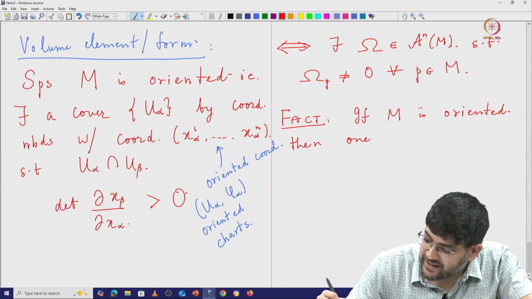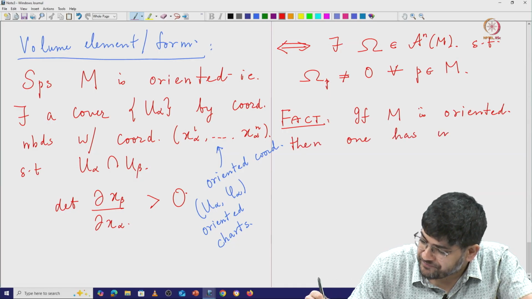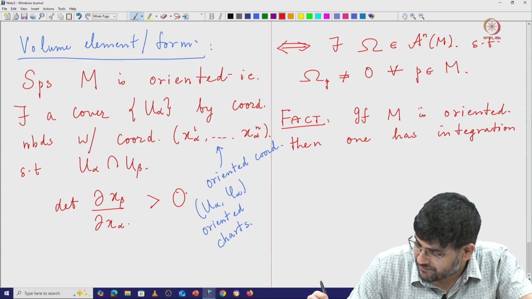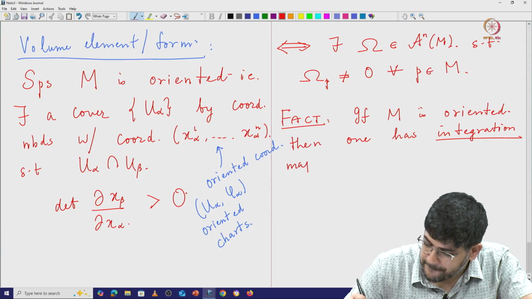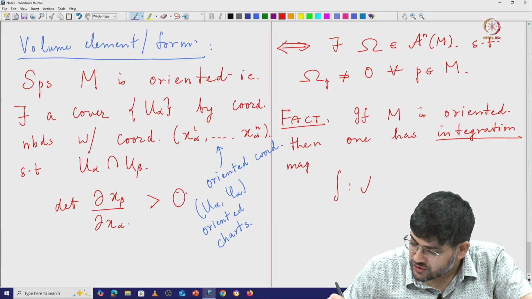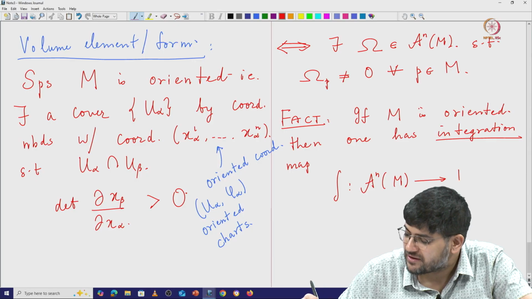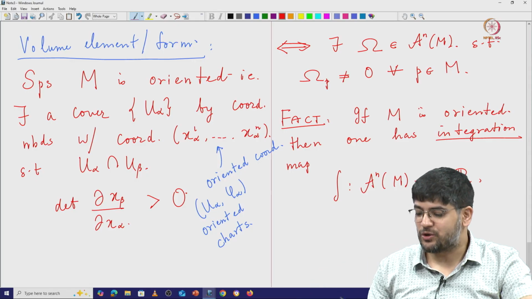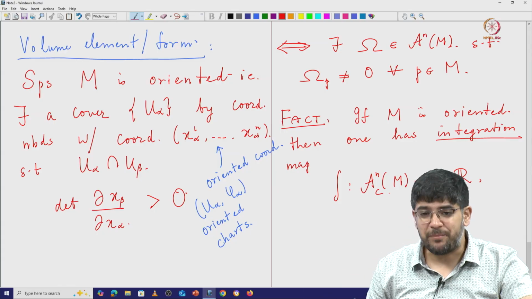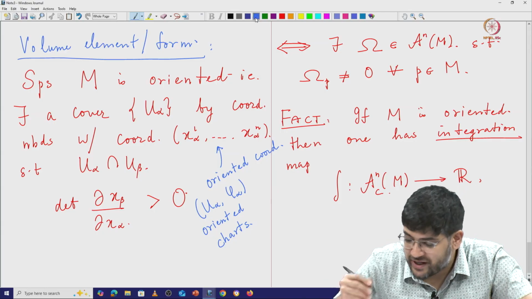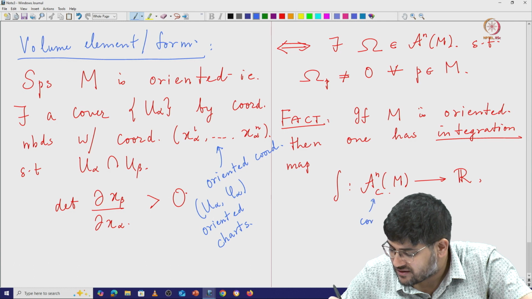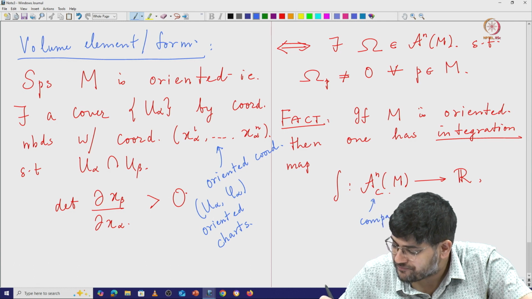Then one has the integration map that takes in a top form and spits out a real number. So in general your M may not be compact, so you take compactly supported n forms.